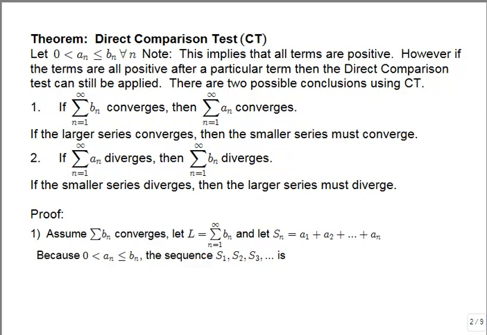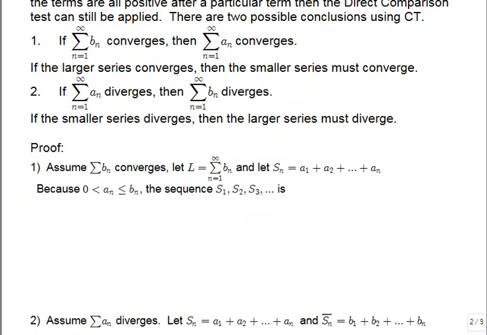So first let's assume that the sum of b sub n does converge, and let's let L represent its actual sum. And we're going to let s sub n be the nth partial sum of all these a terms, so a sub 1 plus a sub 2 all the way up to a sub n. So we have two conclusions that we can make based on the fact that we know that a sub n is greater than 0 and a sub n is less than or equal to b sub n. Since our a sub n's are all positive, then these nth partial sums must either stay the same size or continue to get bigger.